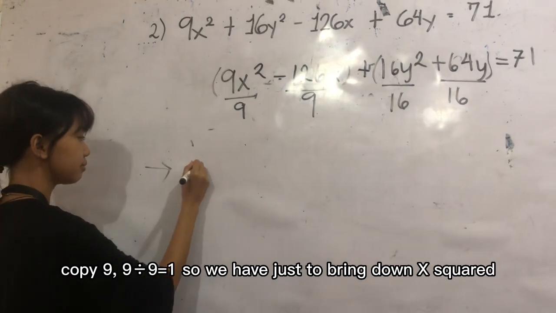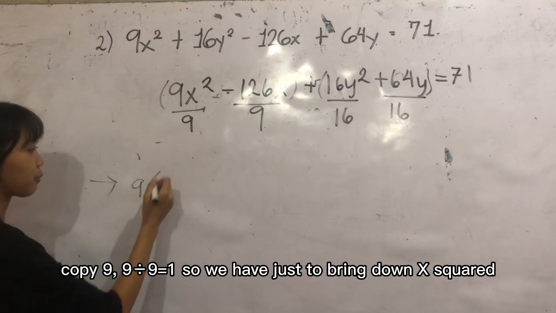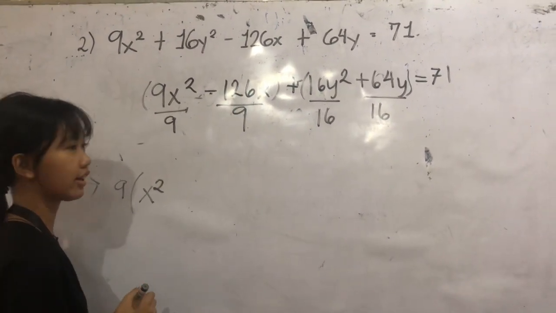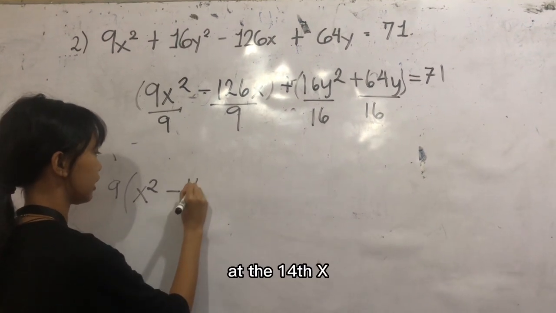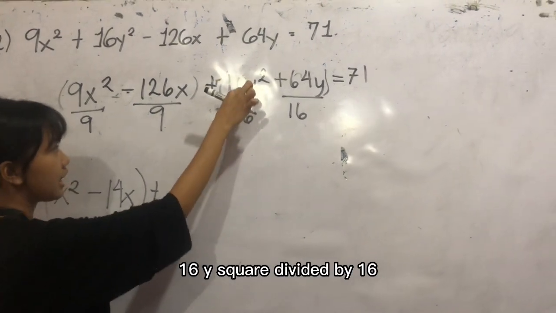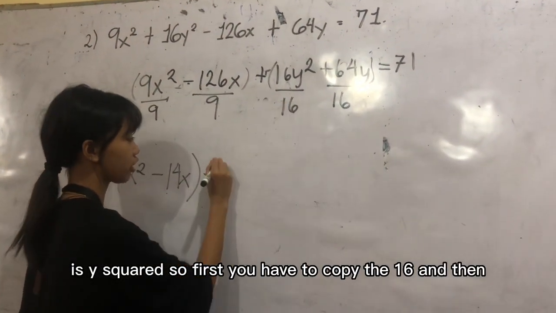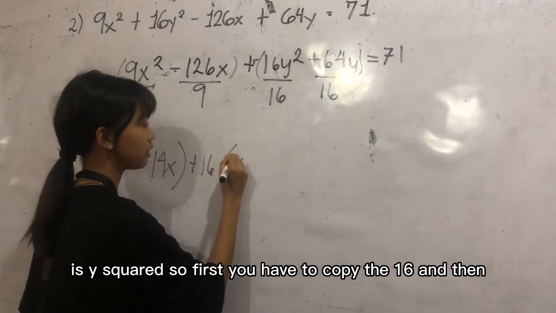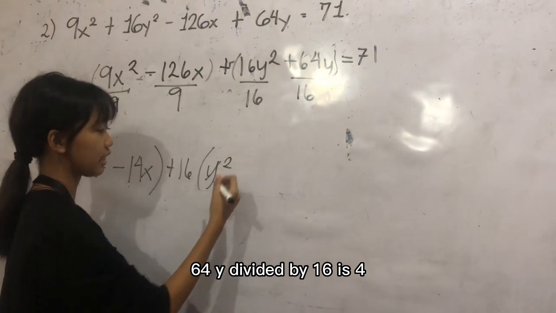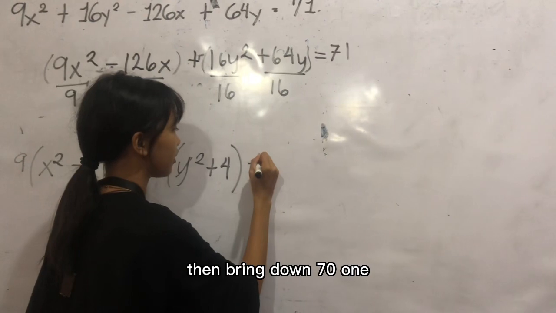Copy 9. 9 divided by 9 is 1, so we have just to bring down x squared. Negative 126x divided by 9 is negative 14x. 16y squared divided by 16 is y squared. So first we have to copy the 16 and then the y squared. 64y divided by 16 is 4. Then bring down 71.